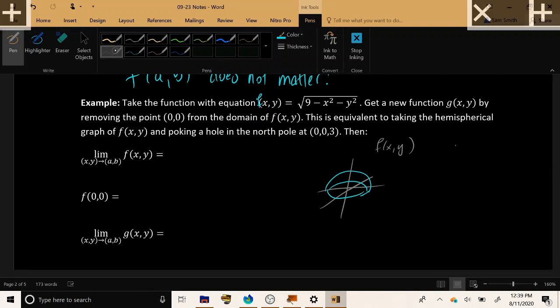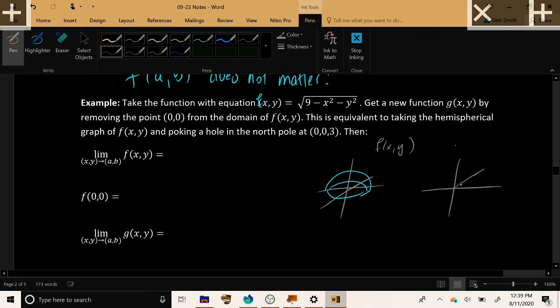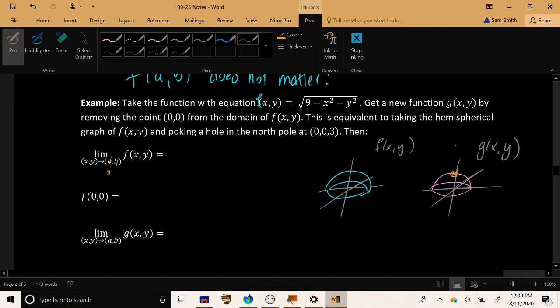And then our graph of g of x y, which is exactly the same, except I have come in with my needle and I have created a hole right here at the very top, and I've just deleted that point. Now, let's consider what happens to the output of these functions as we get closer and closer to the point 0, 0, is what this should be saying. x y approaching 0, 0.